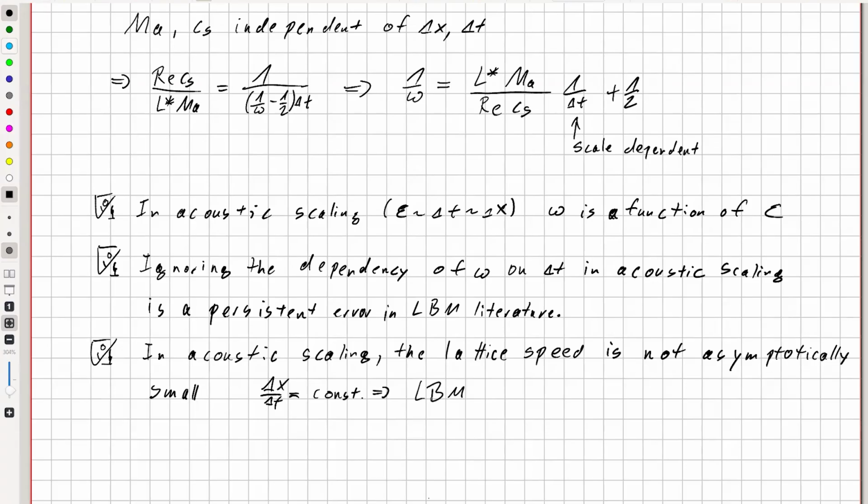LBM does not converge under acoustic scaling. This, of course, you can still use. I mean, many people use acoustic scaling, because what you can do is you can add further assumptions.